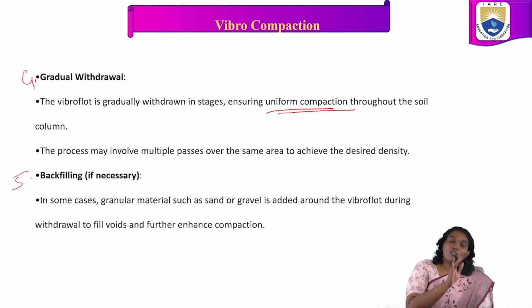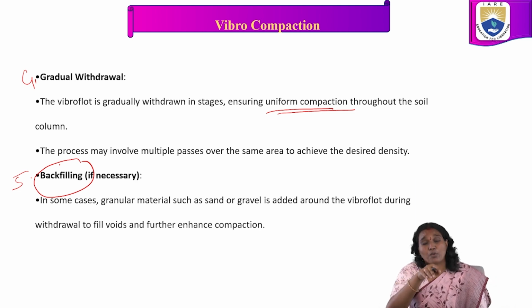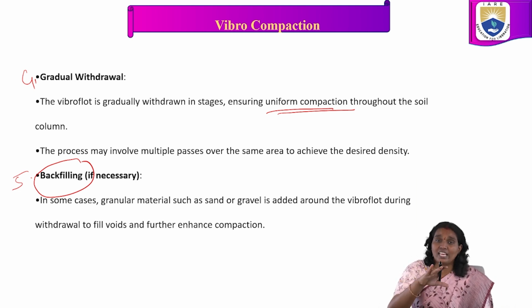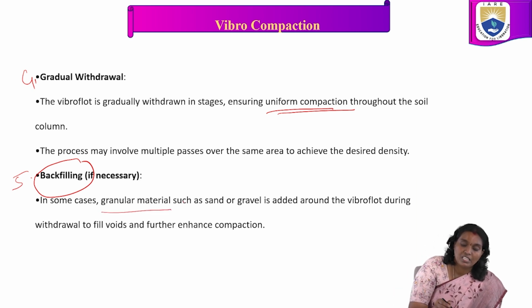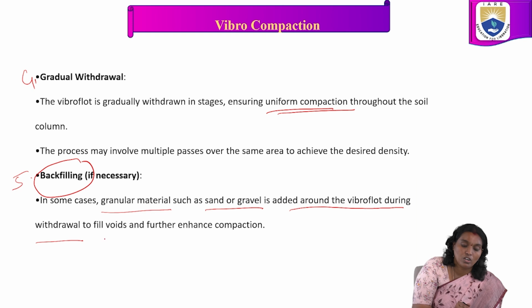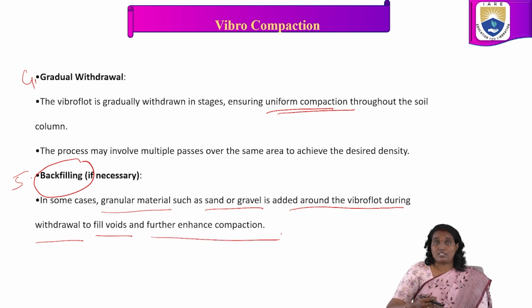If necessary, we also do backfilling. It depends upon the project and the requirement; it is not for all cases, only as per necessity. In some cases, granular material such as sand or gravel is added around the vibro float during withdrawal to fill voids and further enhance the compaction.